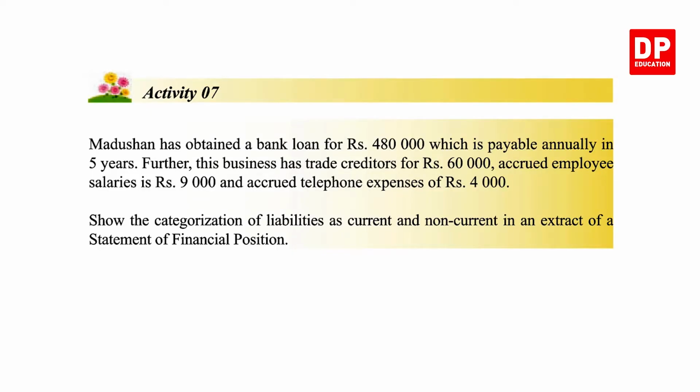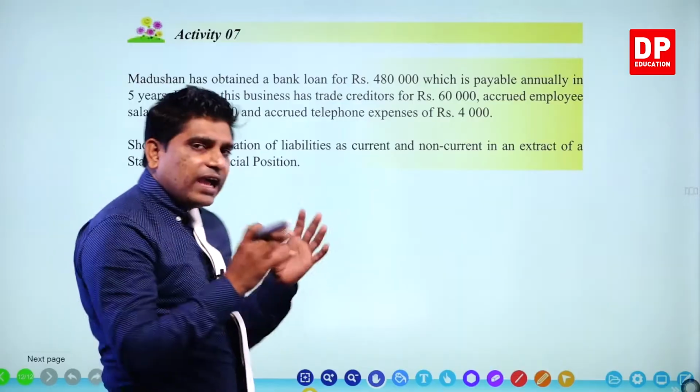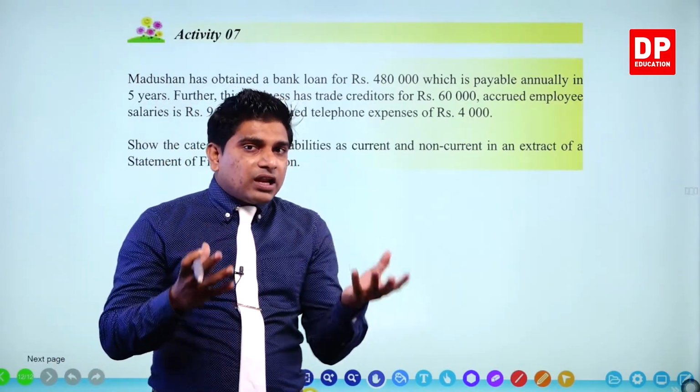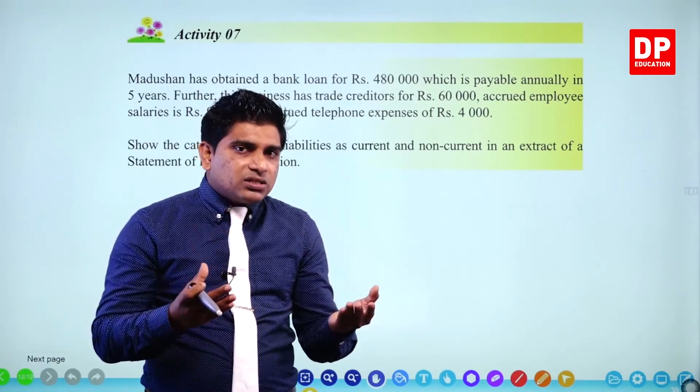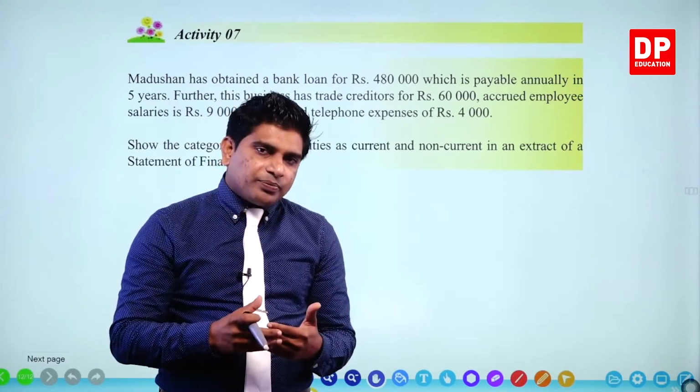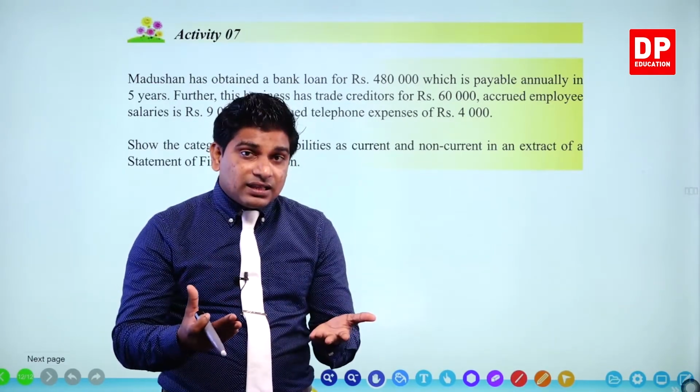This business has creditors 60,000. Creditors, you know, current liability. Accrued employee salaries. Accrued means accrued water bill, accrued electricity bill, accrued telephone bills, right? Accrued means still not paid by cash. In future you have to pay, right? Payable thing.